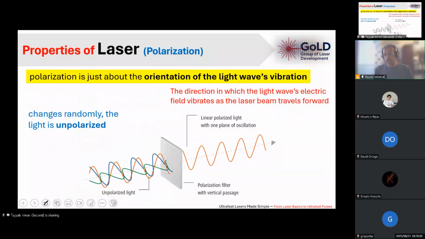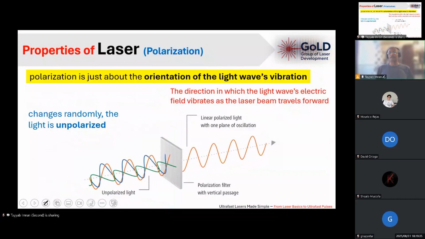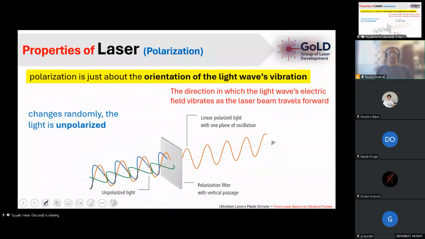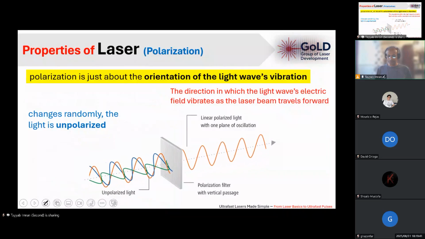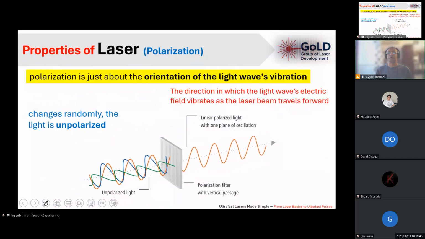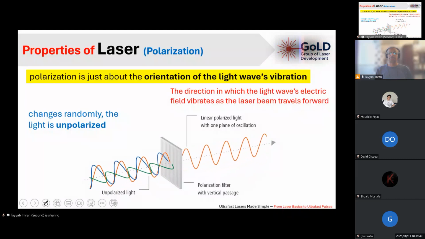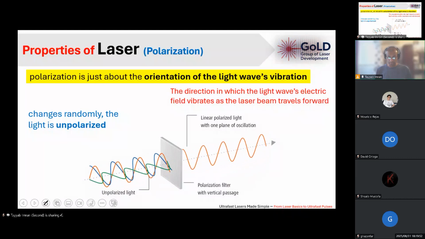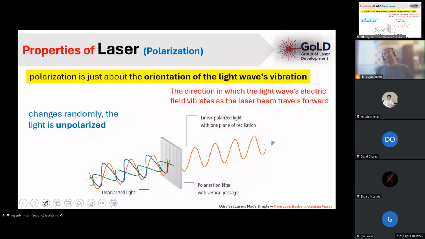After that, we move to polarization. I don't know if you people have already studied optics. Okay, it's 10 minutes left. You know, light is electromagnetic.